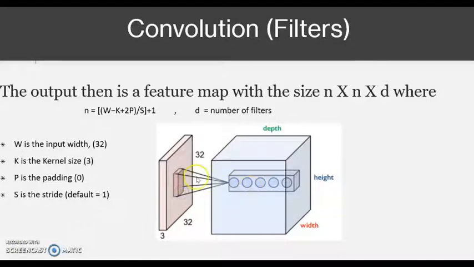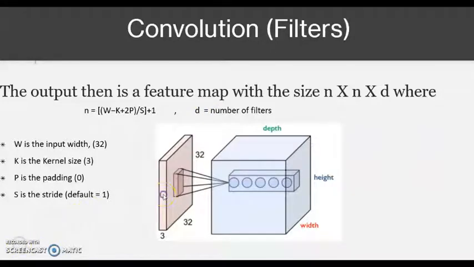And this is a visualization of the feature map and the size of the feature map. So this is the input image with 32 by 32 size. This is the kernel or filter, and this is the output, which represents the height and width, given by n, and the depth, given by d, the number of filters applied.